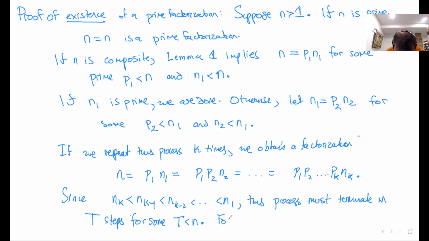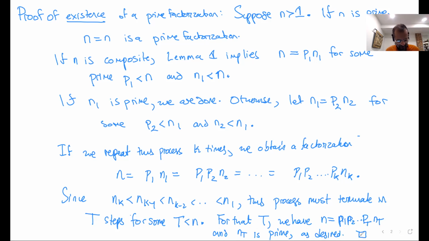So at some point, you have to find a prime. So for that particular T, we have n equals p1, p2, all the way up to pT nT, and nT is prime, as desired.